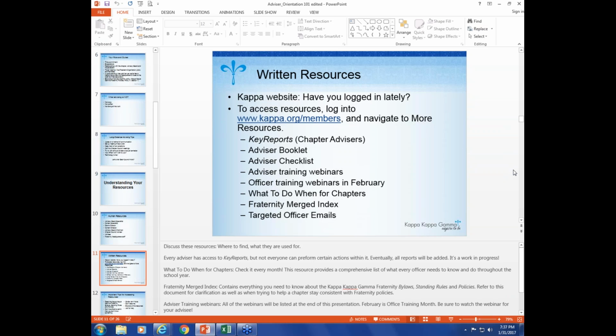And then also, one of the reasons that it's so important for key reports to be kept up to date with who the advisors are and who the officers are is that headquarters sends out targeted officer emails. And those also come to the advisor.